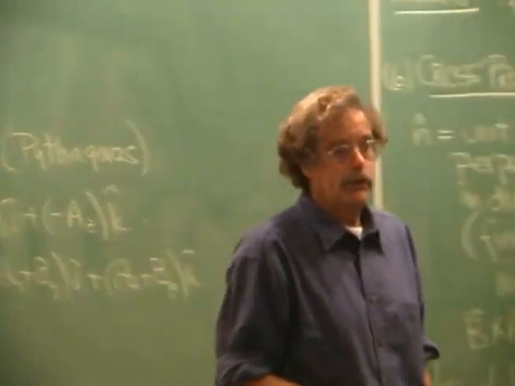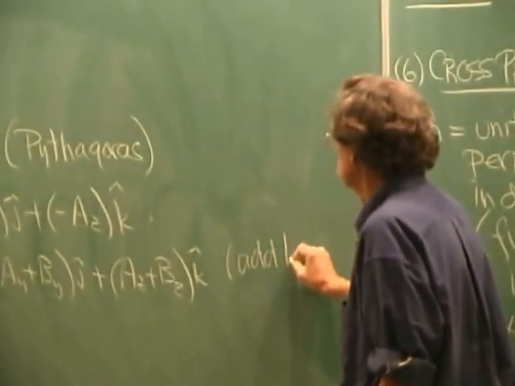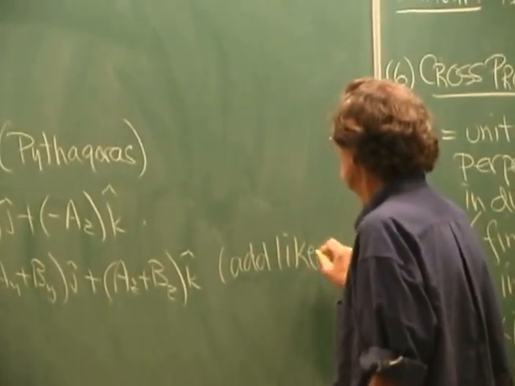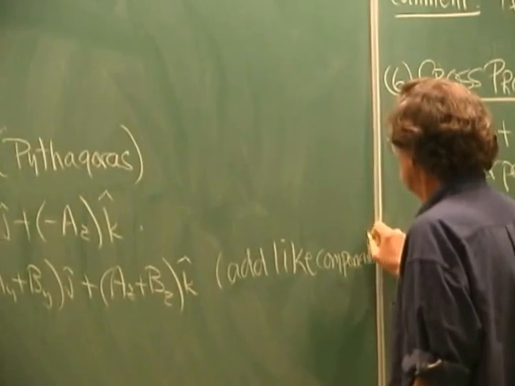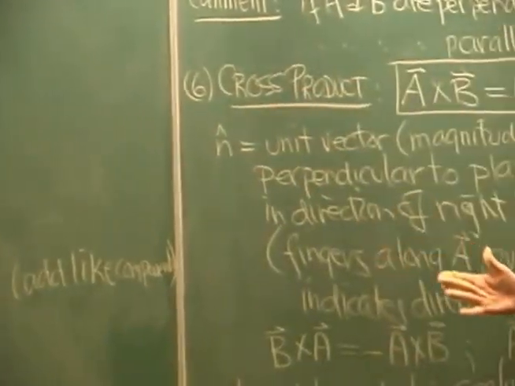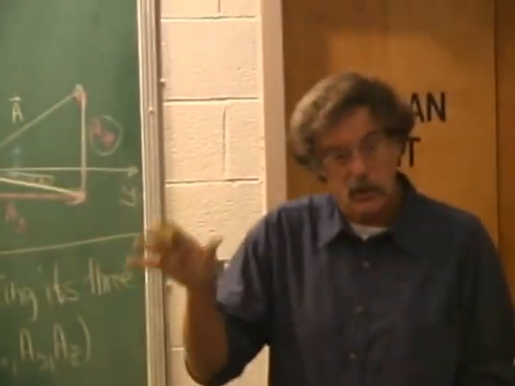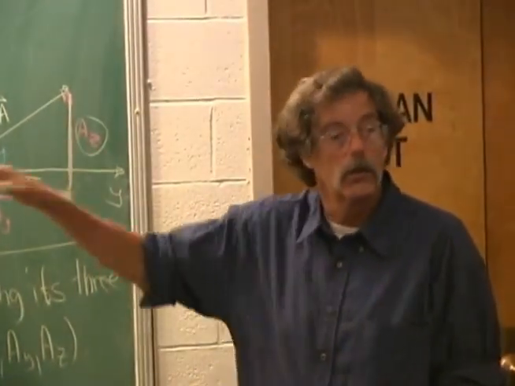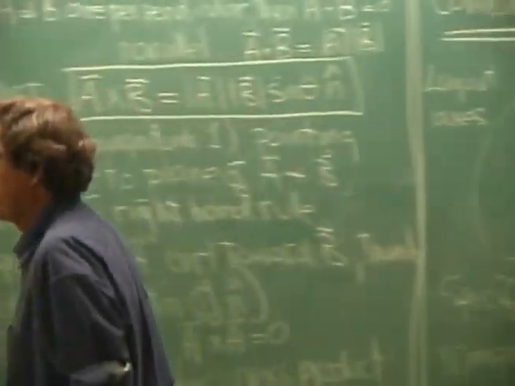The rule is add like components. That in component form says exactly the same as stick the tail of the second vector at the head of the first vector and complete the triangle. It's exactly the same. Gives you exactly the same result.